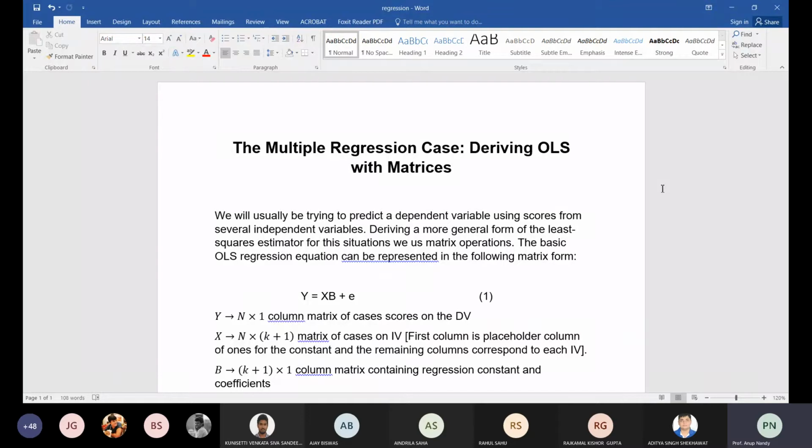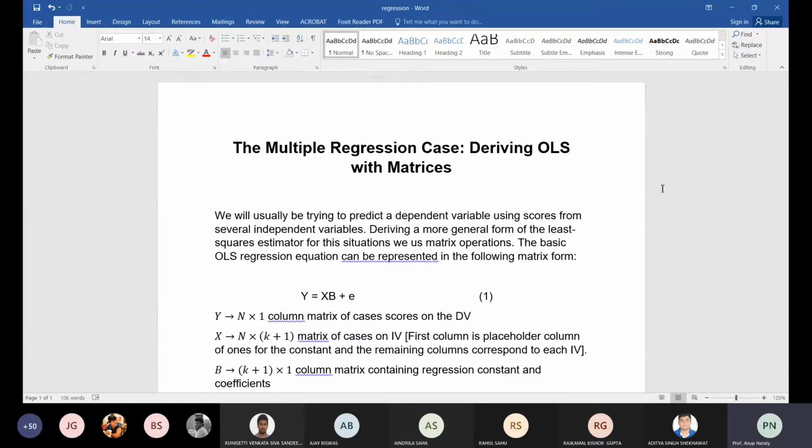Then at that time, we will usually be trying to predict a dependent variable using different scores from the several independent variables, and you need to derive a more general form of the least square estimator. To handle that situation, you need to use matrix operations.